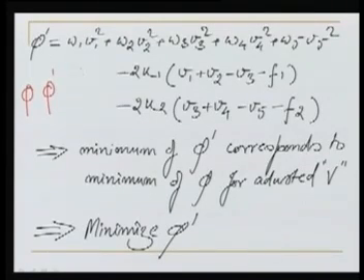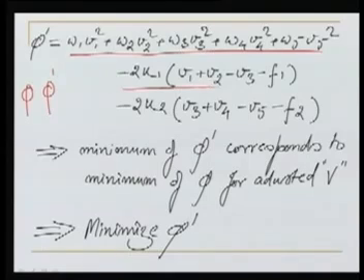Phi dash is nothing but the same phi, plus in addition two more terms. One term is minus 2k1 times (V1 plus V2 minus V3 minus F1). I will explain how it comes. And minus 2k2 times (V3 plus V4 minus V5 minus F2).